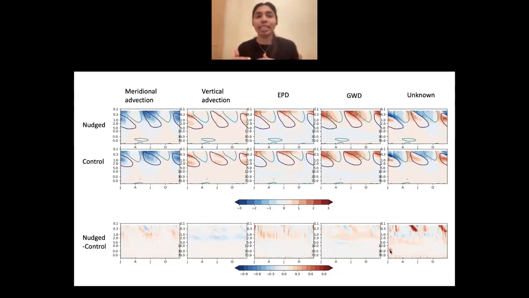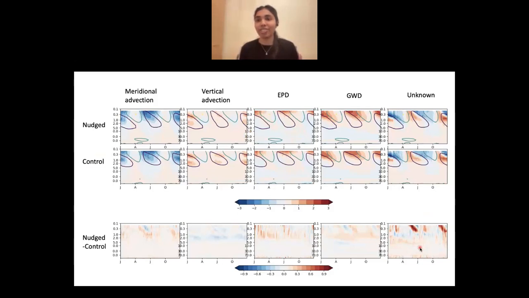Since the unified model is based on a height coordinate system, it has an issue in using our log pressure transformed Eulerian mean momentum equation, and it has an additional term coming in, which we don't know what this unknown forcing is. So the difference between nudged and control mostly comes from this unknown forcing term.